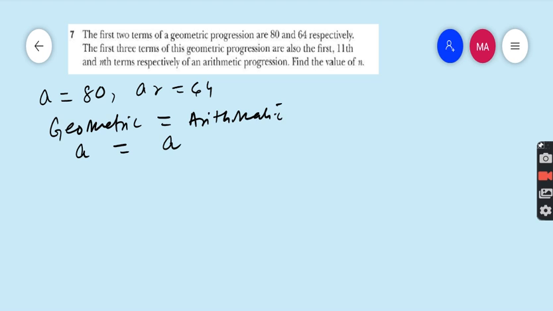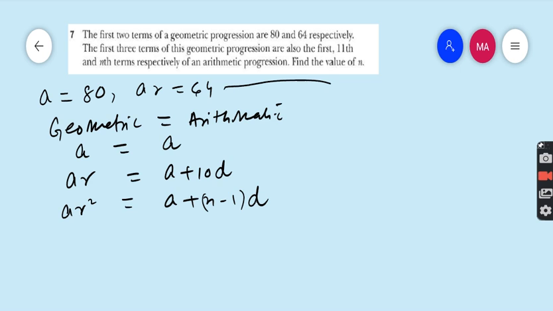Then the second term of geometric, ar, is the 11th term of arithmetic, that is a plus 10d. Next, the third term of geometric is the nth term of arithmetic, that is a plus (n minus 1) into d. Find the value of n. This is the question. So read the question carefully.